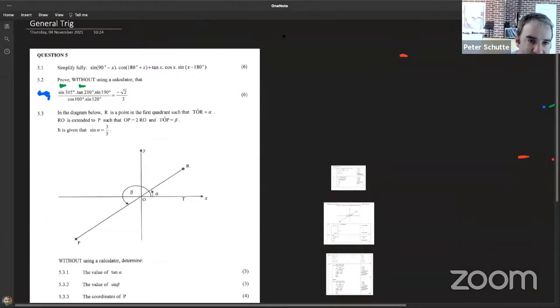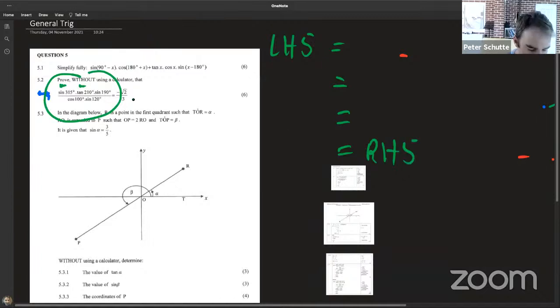I just say left-hand side equals this whole thing over here. And I work with the left-hand side until I can say at the end, it's equal to the right-hand side, which is this one over there. So I just want you to try and use the reduction formula for these first ones over here. See if you can, it's 5 little questions.